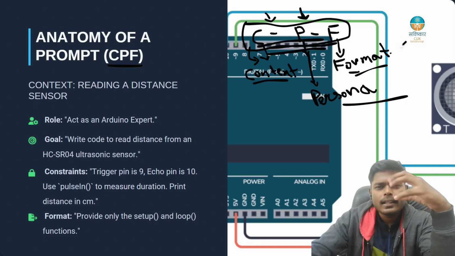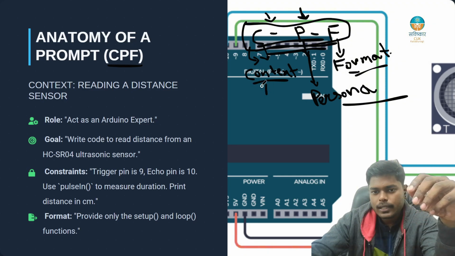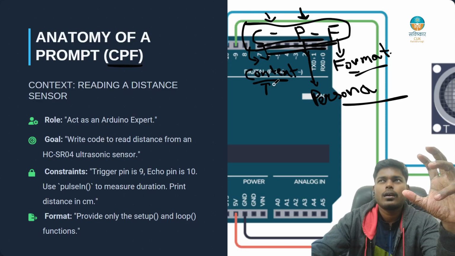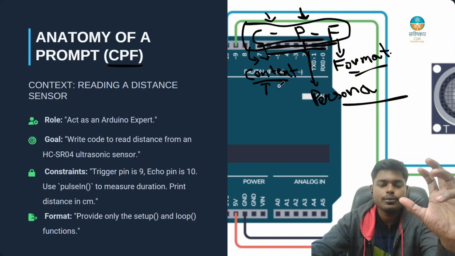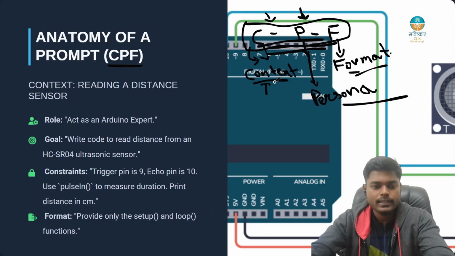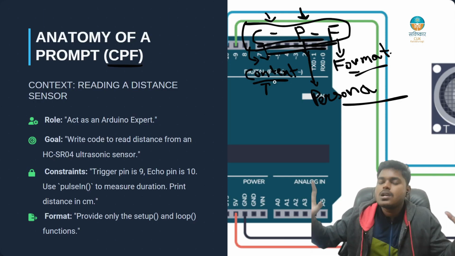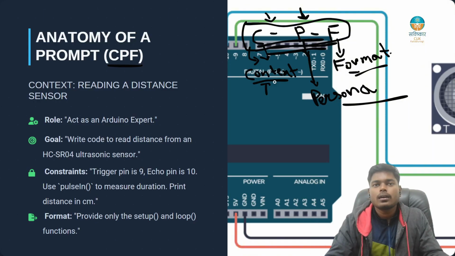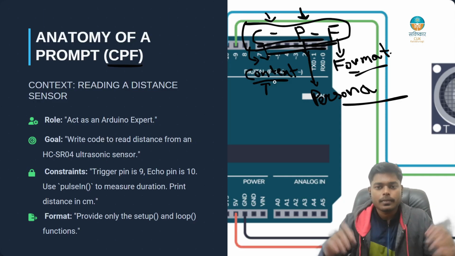Let me give you a brief explanation. Context is basically the thing you want to build, generate, or create. For example, I want to build a robot which can walk forward, backward, sideward, and can jump.